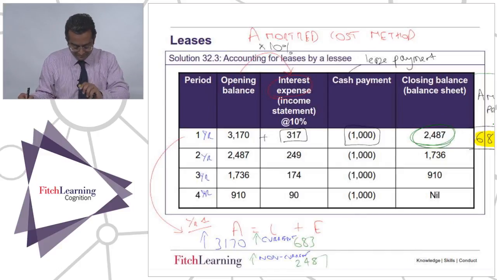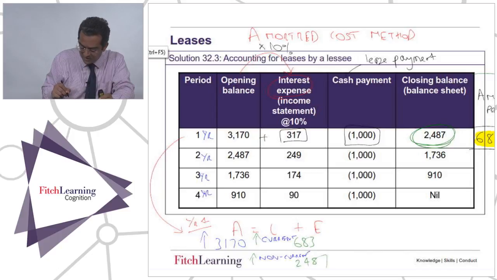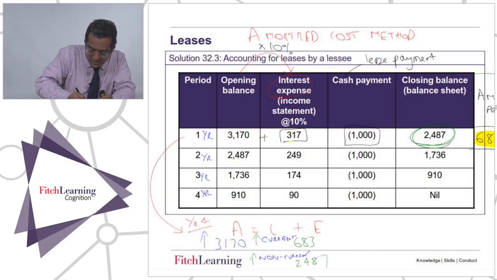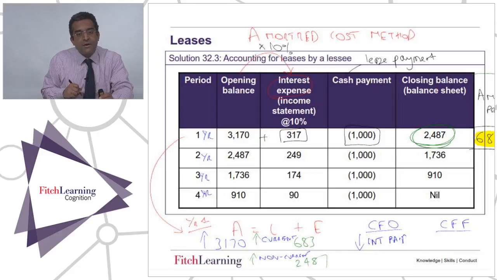Okay, now, also, guys, just to note that when you have cash flows, the cash flow operations will be just the interest component. So here, if I were doing the first year, in year one again, CFO and CFF would both be affected. Cash operations would go down, interest is down, so interest paid would be taken out of CFO.